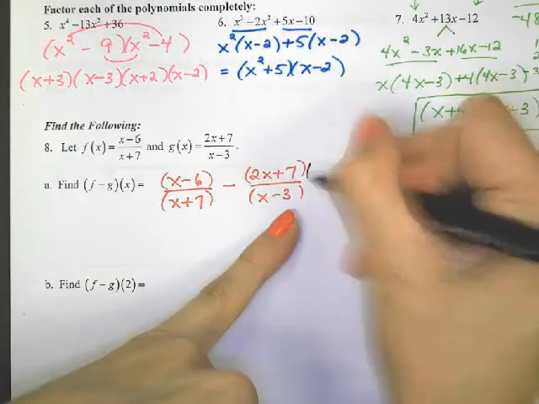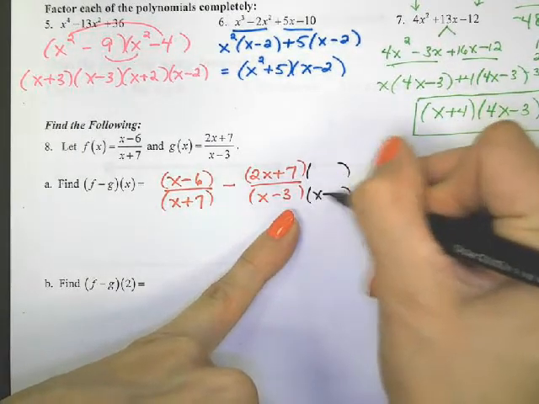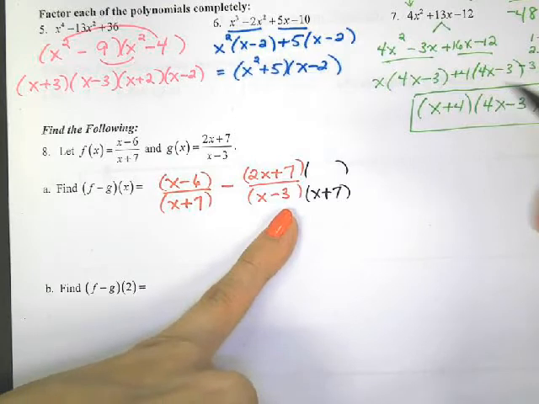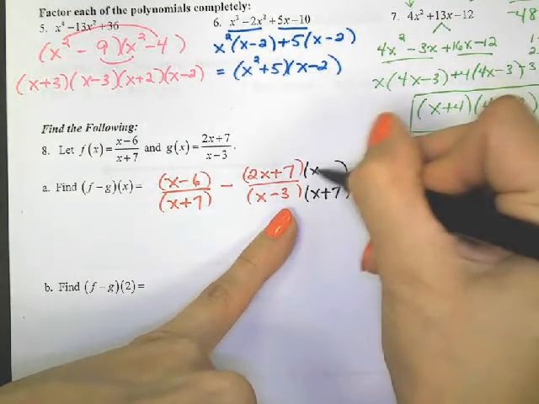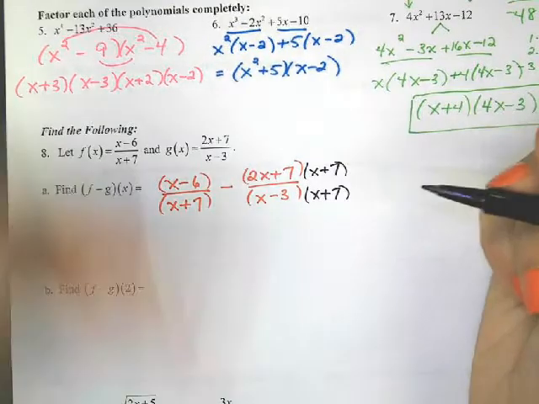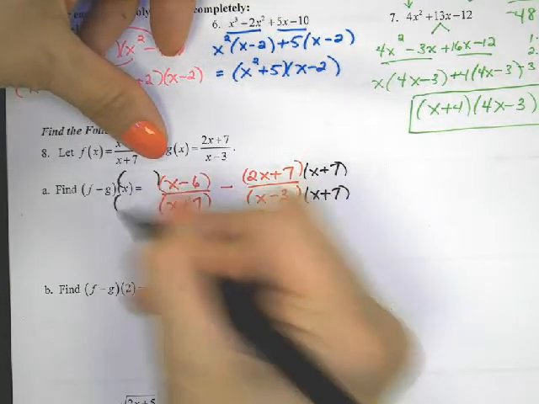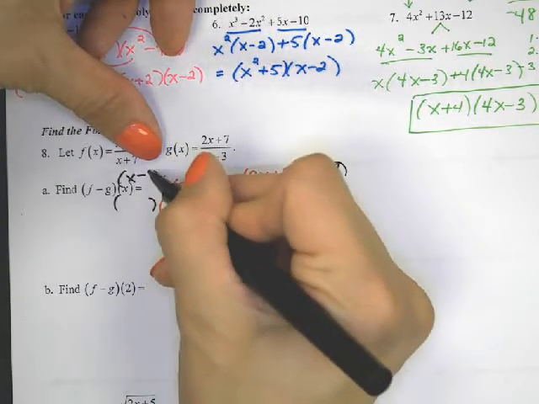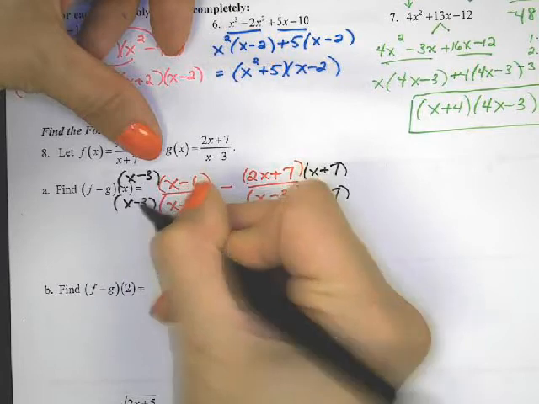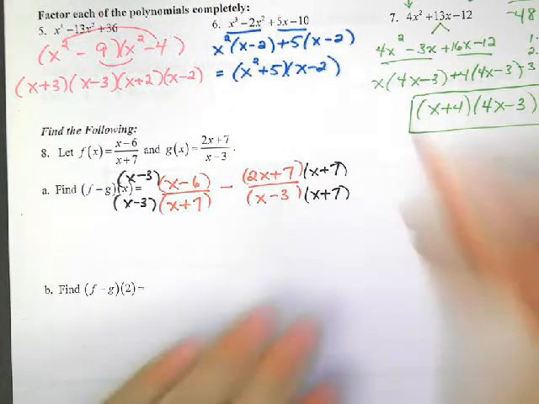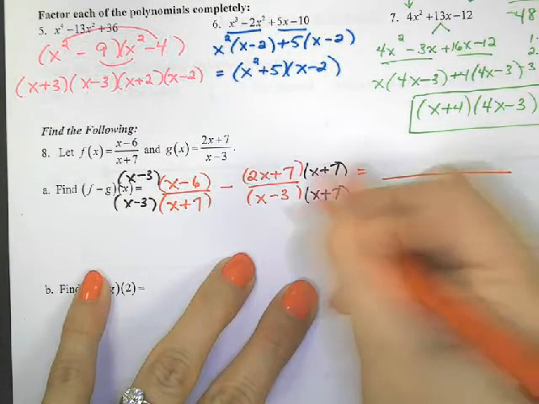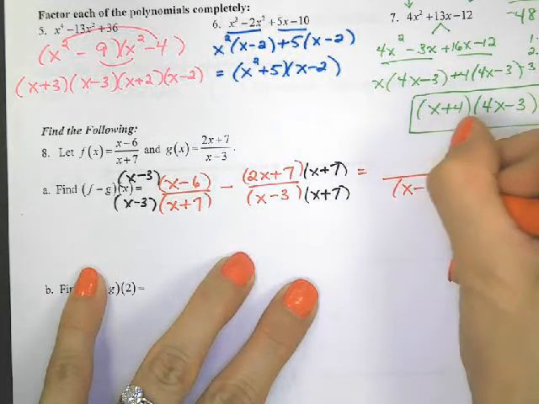This second fraction needs to get an x plus 7 quantity. And remember, what you do at the bottom, you must do to the top. I need to see that 2 times. This fraction over here is going to get x minus 3. Now I'm going to leave the denominator in factored form.